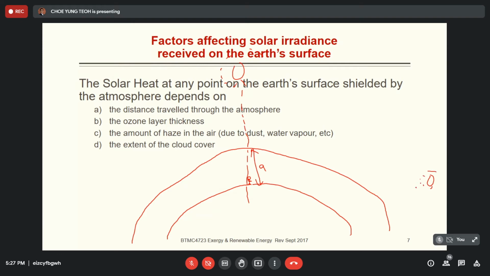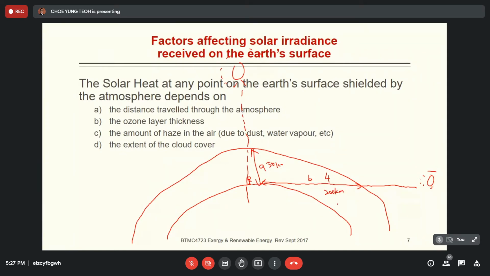So the sunlight will go through here, pass through the atmosphere, and reach you, and you see the light. But the distance traveled here, B, is much longer than the distance traveled in A. It can be 4 or 5 times longer than A. Maybe in A it just travels 50 kilometers, but in B it will travel 200 kilometers.